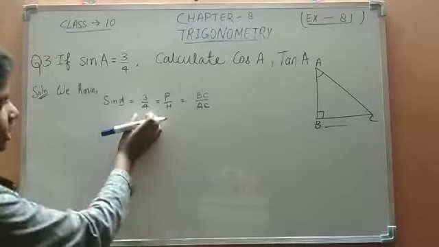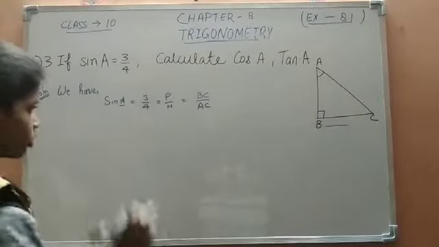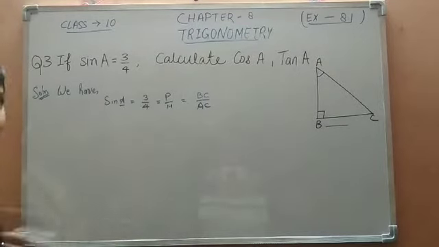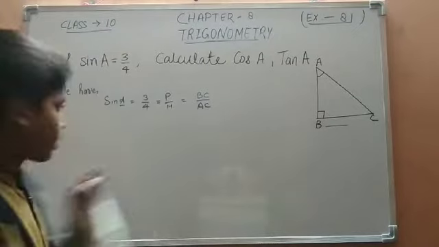Now since this is a ratio, not a correct fraction, this is our ratio. So a ratio is always in the form of 3k, a constant multiplied by them.